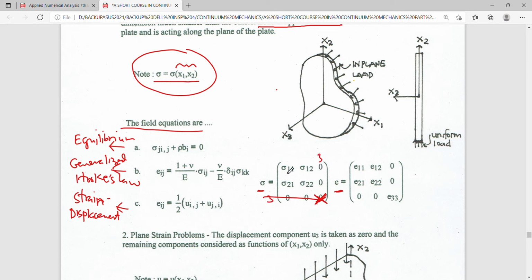Okay, but the strain has what? A displacement or a strain value on the perpendicular axis, on the axis perpendicular to the plane upon which your sigma is defined, and that is your 3-3 axis.